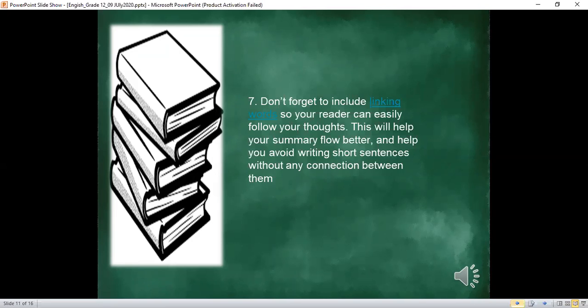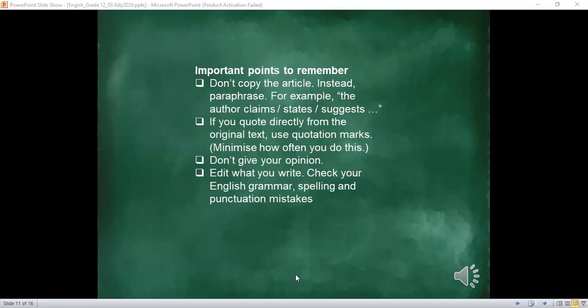These are just simply conjunctions. Now, with conjunctions, it's just words like therefore, however, nevertheless, and so on and so forth. So to make it more coherent or to make this flow, it's important that you use these linking words.